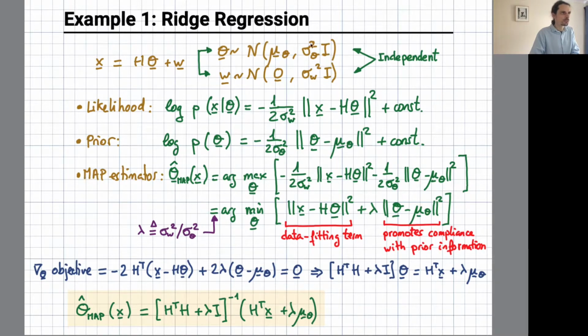If this goes to infinity, this is like having no prior information at all. And in that situation, this Bayesian Gaussian linear model would boil down to the non-Bayesian Gaussian linear model, for which the least squares estimator was designed.